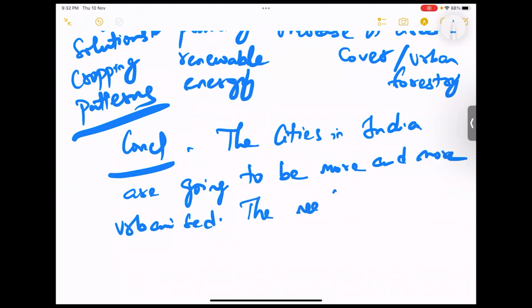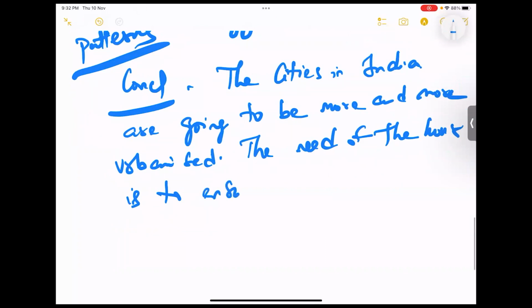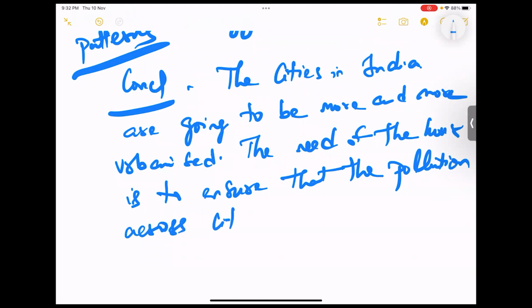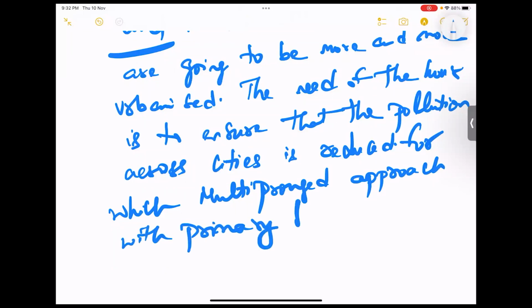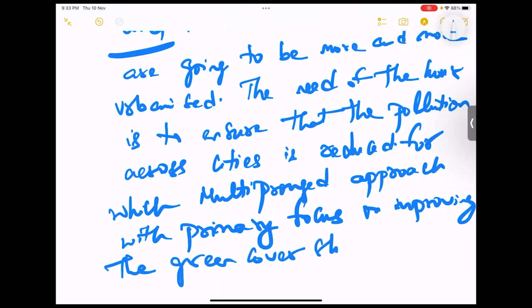The need of the hour is to ensure that the pollution across cities is reduced, for which multi-pronged approach with primary focus on improving the green cover should be taken up.